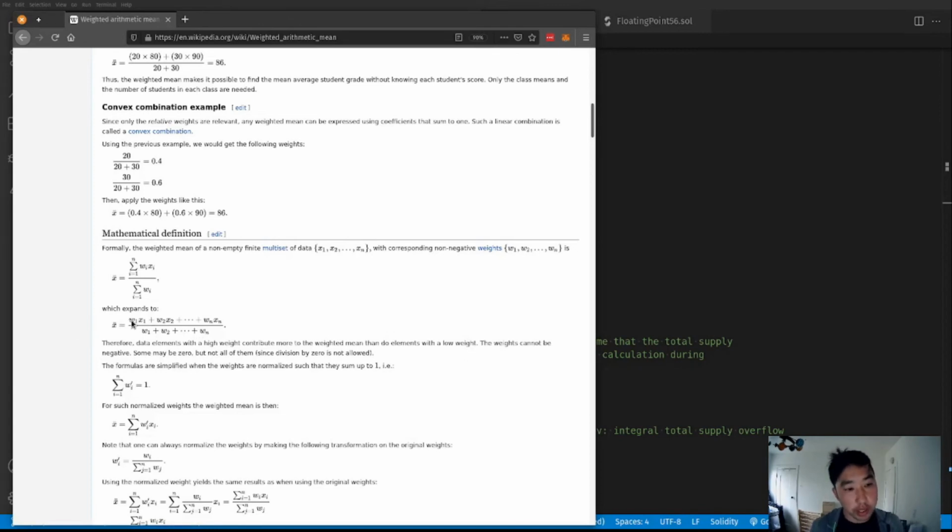In a weighted average, the weight in our case will be the period of time that a particular total supply amount was valid, and X will be the total supply. And so the integral total supply is this numerator, this summation here, sort of a running total for all time. And then the denominator is the elapsed time for this weighted average.